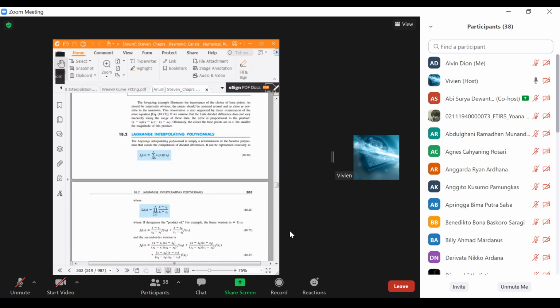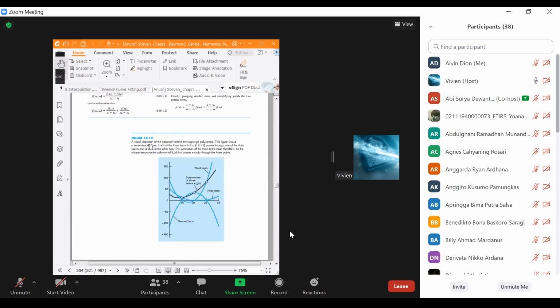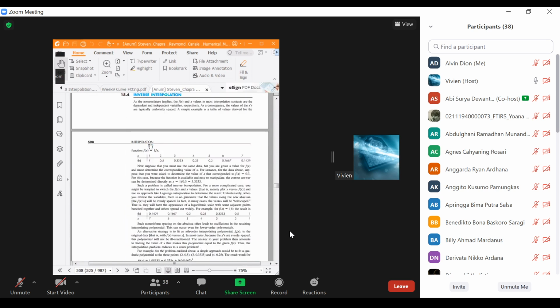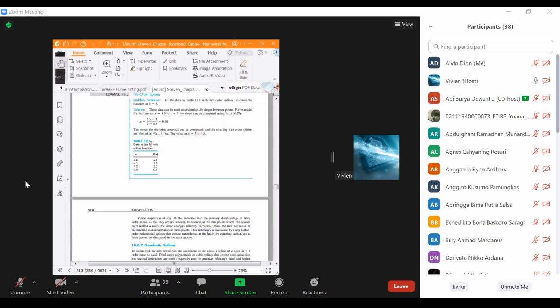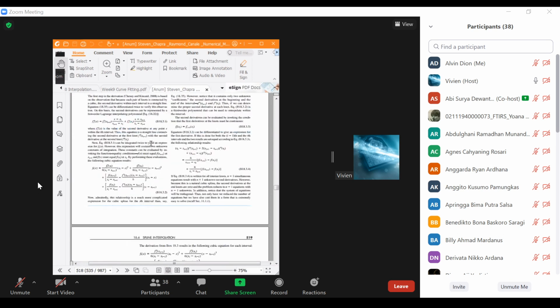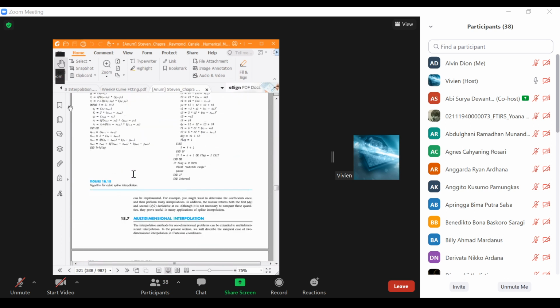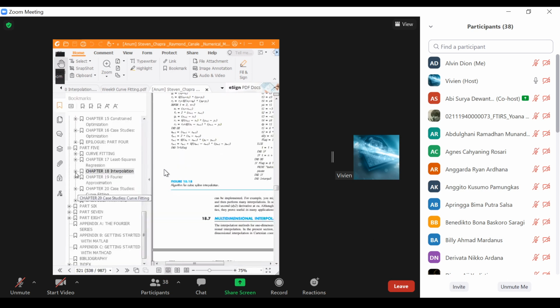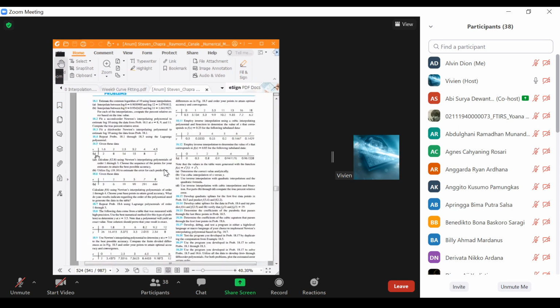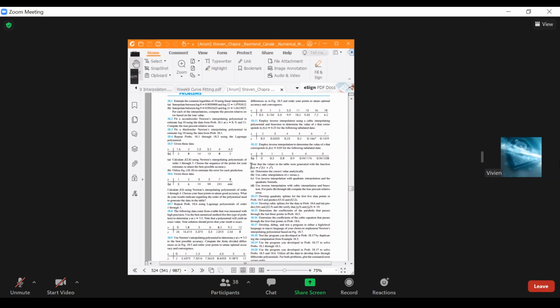Can you go to the bottom of that? We have problems at the bottom of chapter 18. So we can choose one problem here.